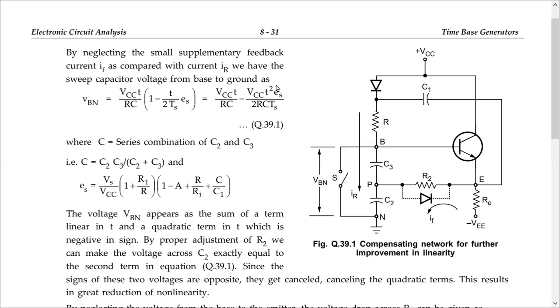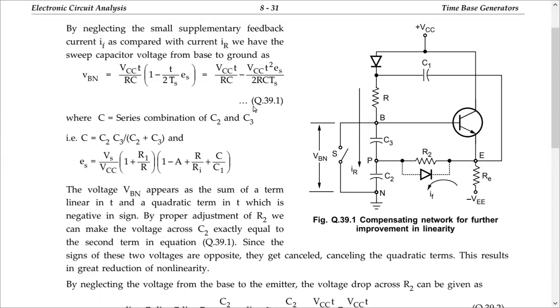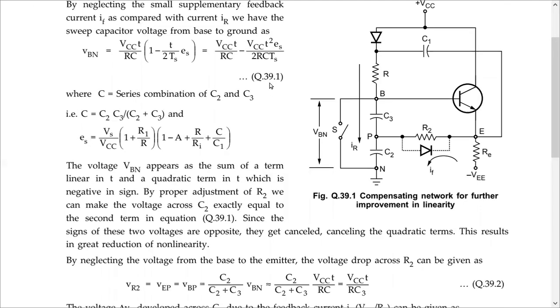In any electronic circuit, how do we compensate? If you can make a circuit connection so that, suppose the error we have is a negative voltage, and additionally we provide a positive voltage of the same magnitude, then the error can be eliminated. And that is what is done here.